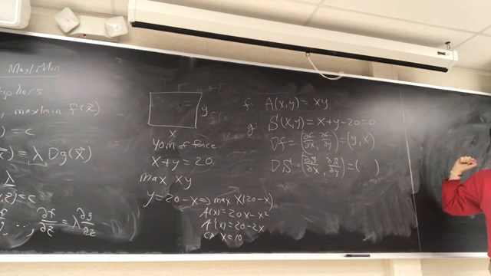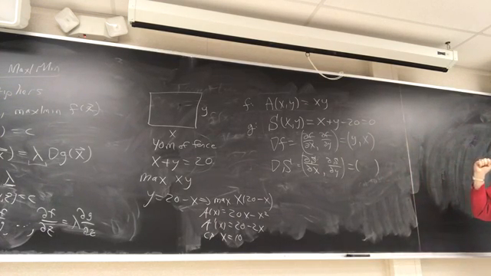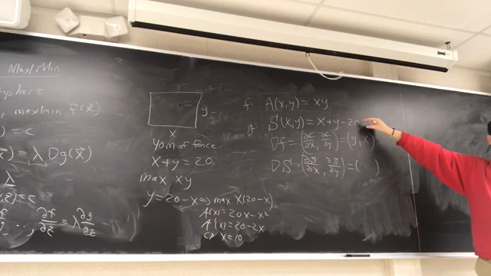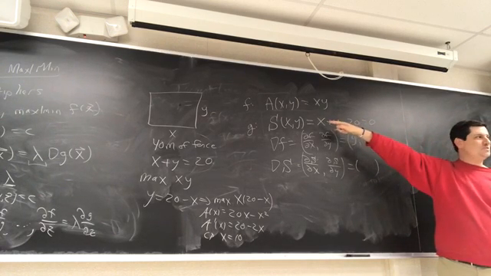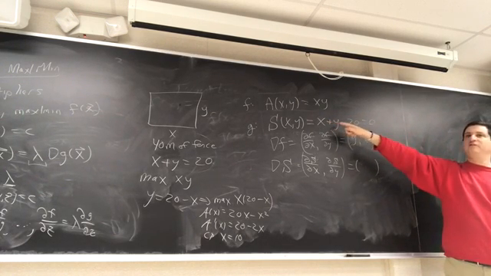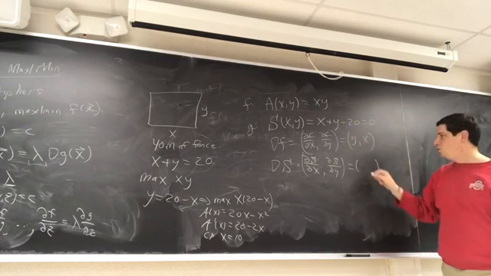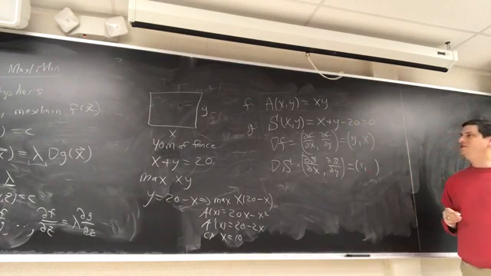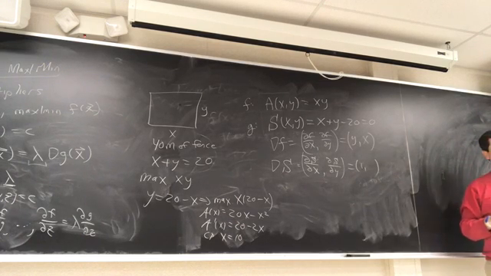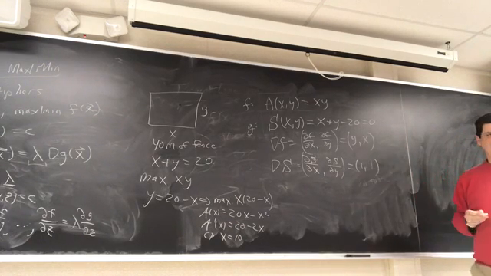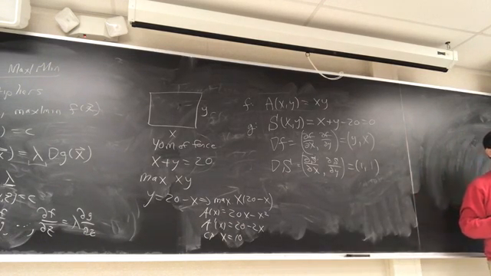Just 1. I'm taking the derivative of this with respect to x. What's the derivative of x with respect to x? 1. What's the derivative of y with respect to x? 0. Derivative of negative 20 with respect to x? 0. It's just 1. Similarly, what's ds dy? 1. This is really nice. The gradient of s is fixed. It's always the vector 1, 1.